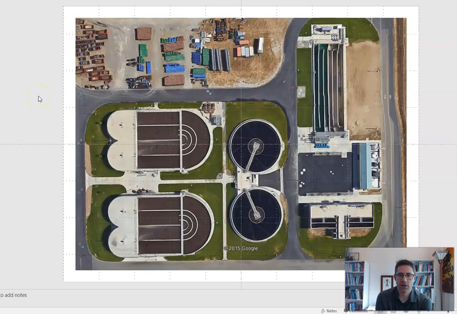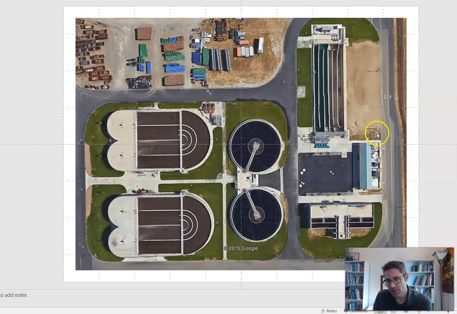This is an aerial view of a wastewater treatment plant that I just wanted to point out some features of. We're now nearing the end of the wastewater material, so we should know essentially what the process looks like. Here's a plant where we see two big oxidation ditches, two secondary clarifiers that those go through. And then the wastewater goes through some filtration here, and then on its way to this facility up here.